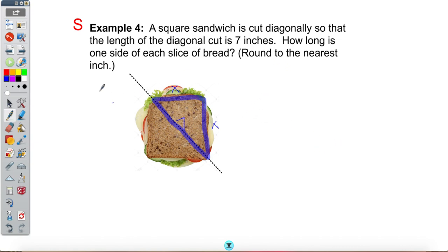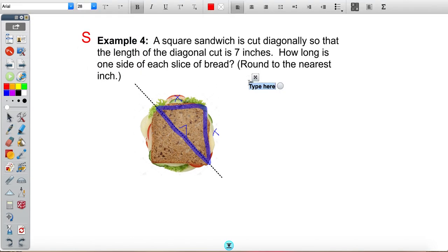So we know that typically what we have been doing is a squared plus b squared equals c squared.